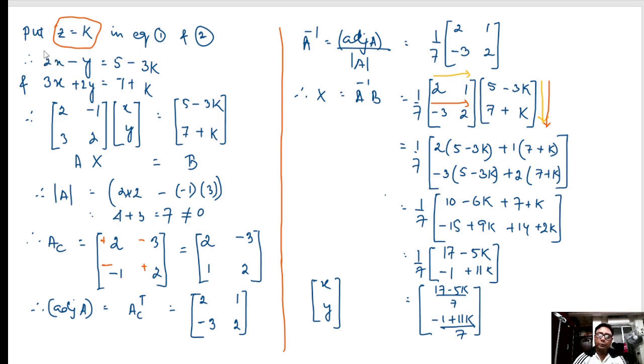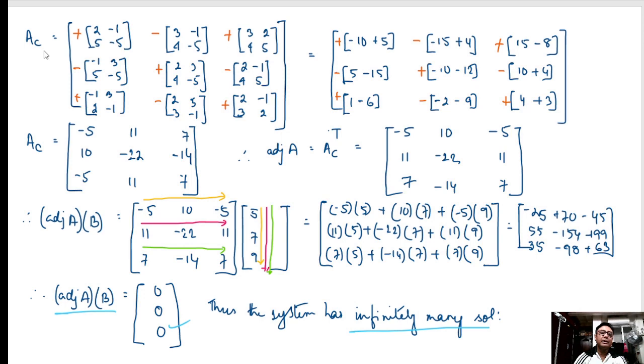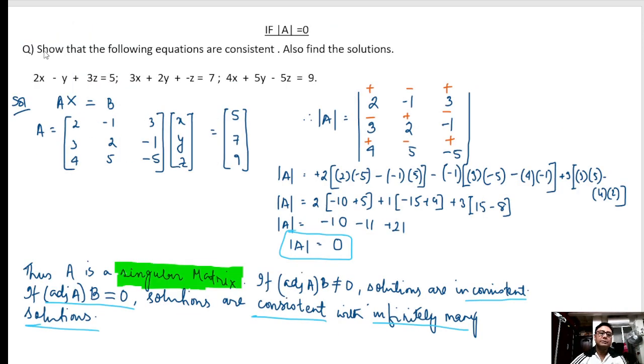So if you put Z equal to K in equation 1 and 2, so this was our equation C, these were the equations. If Z becomes K, it becomes 5 minus 3K. If Z becomes K, it becomes 7 plus K. If Z becomes K, it becomes 9 plus 5K.